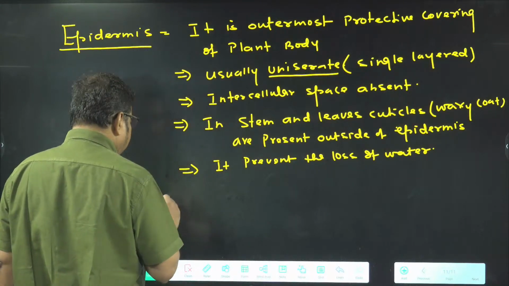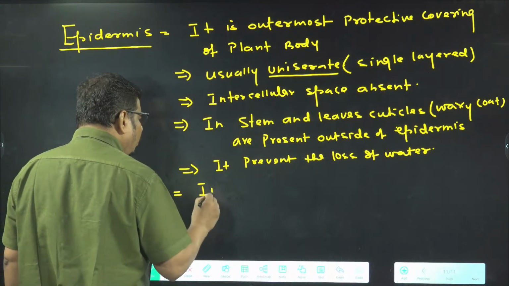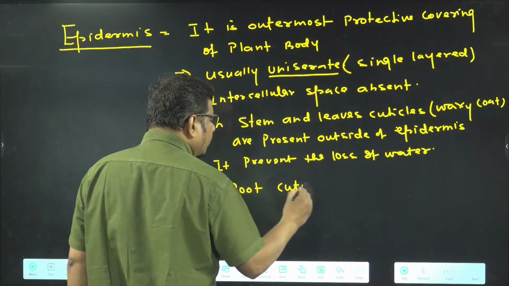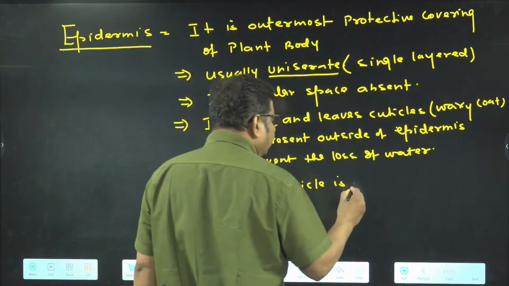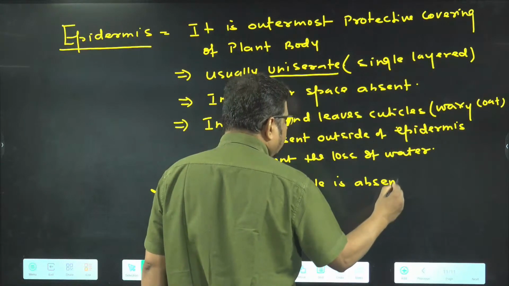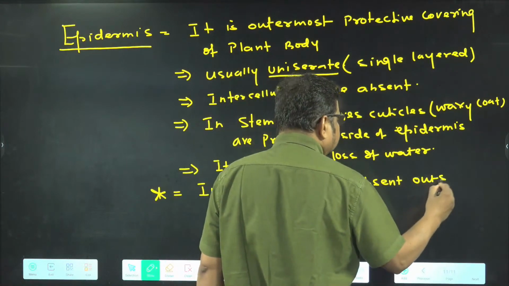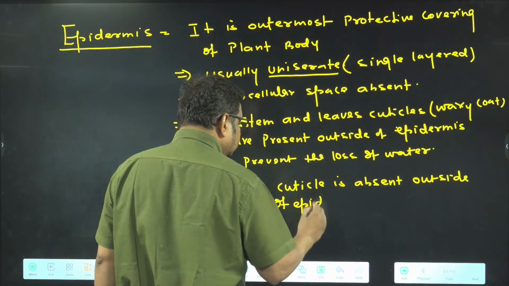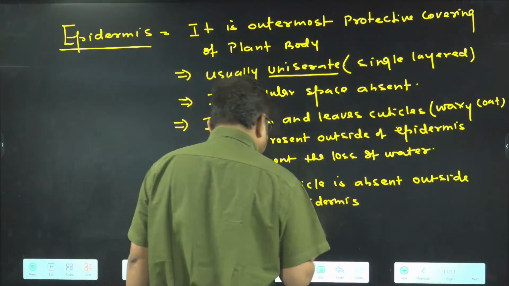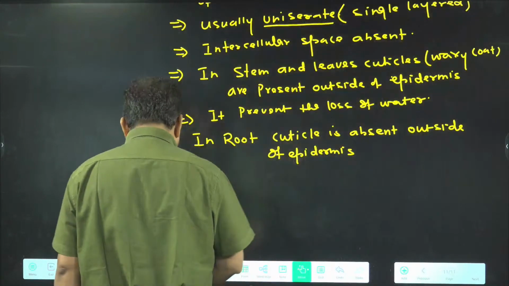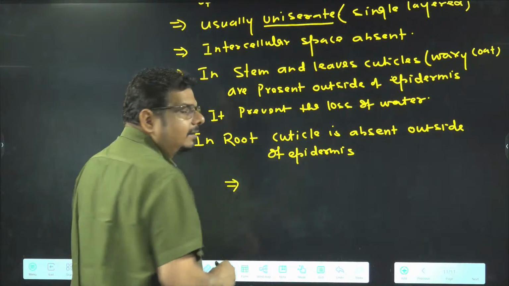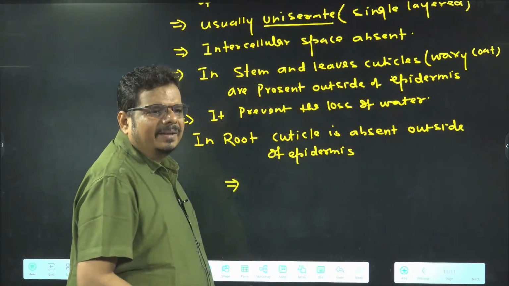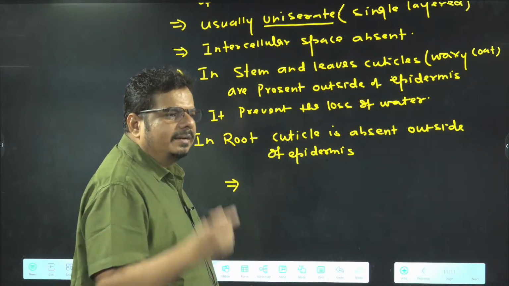Another thing, it is important to know, in root, cuticle is absent outside of epidermis. Why is cuticle absent? Because if cuticle is present, how will water absorption occur? Getting the idea or not? It is creating a barrier.